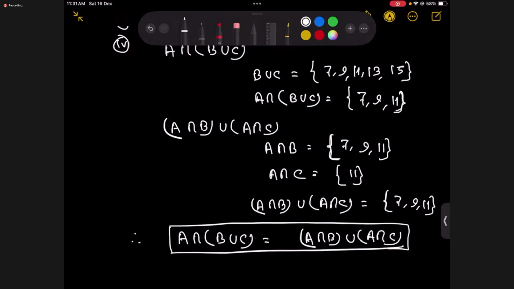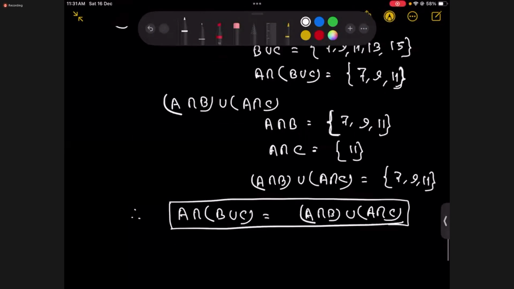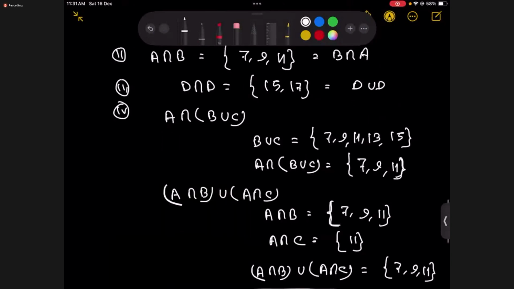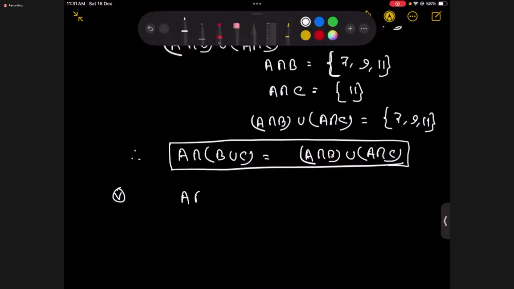Okay, so let us verify another thing from the same question. What about this thing? A intersection B union B intersection C. What about this? One may get confused here because we know about distribution law, but what about this?